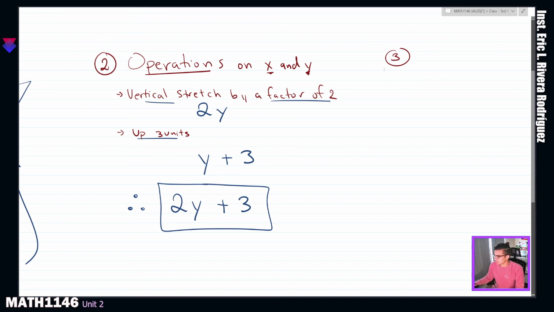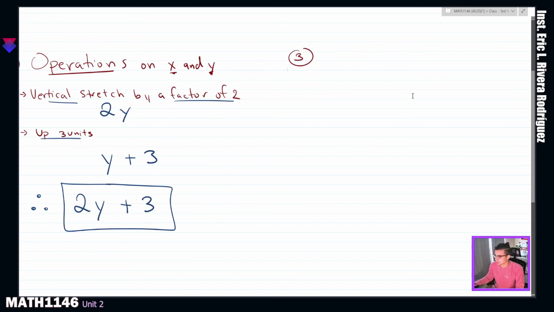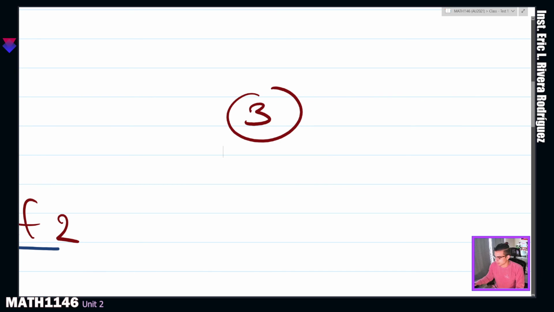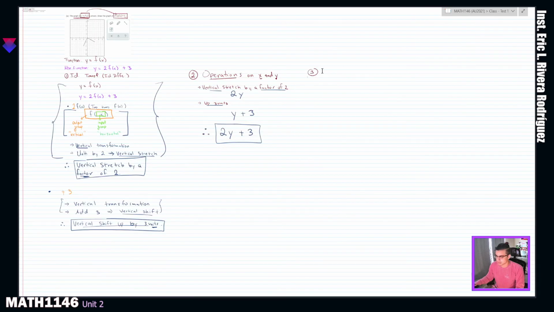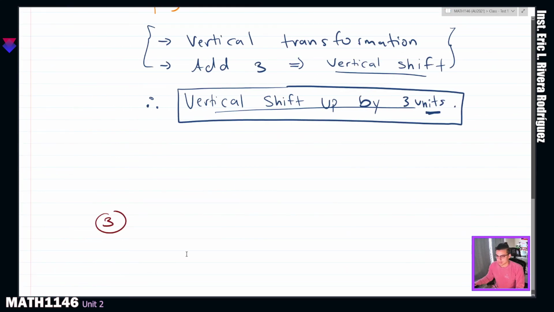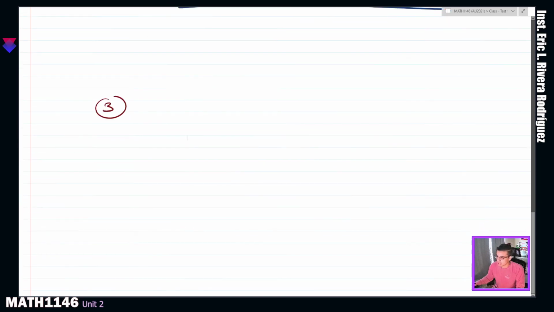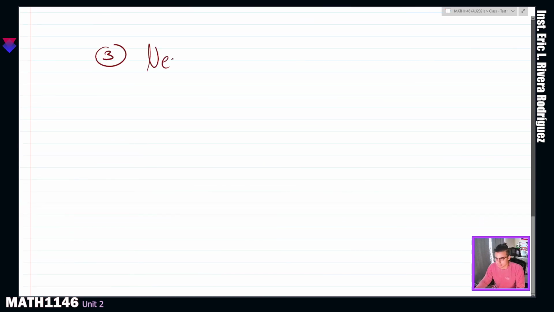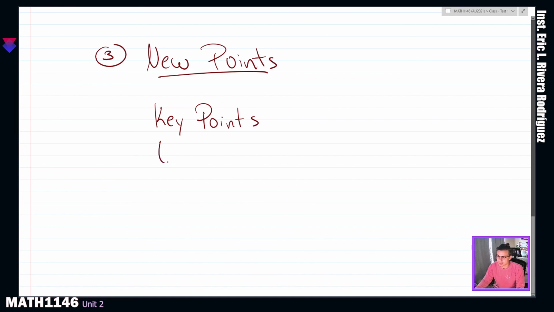Now we need to get the new points. To get the new points, we need key points. Those key points belong to the parent function, which is y equals f of x.